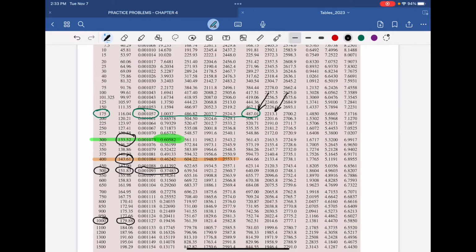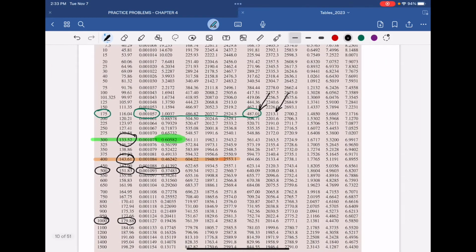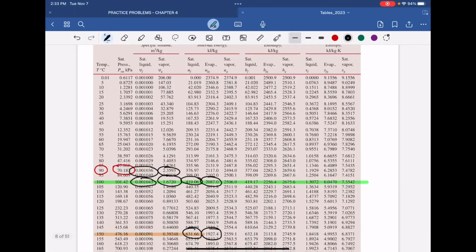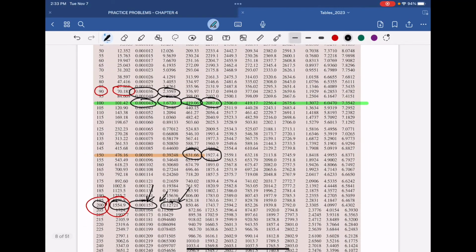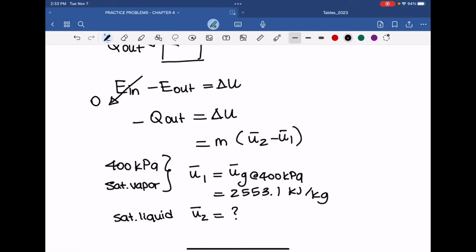So if we go back to the temperature table, 143 should give you again around 400 kilopascal for the saturation pressure. But this U2 is simply the Uf at that pressure.